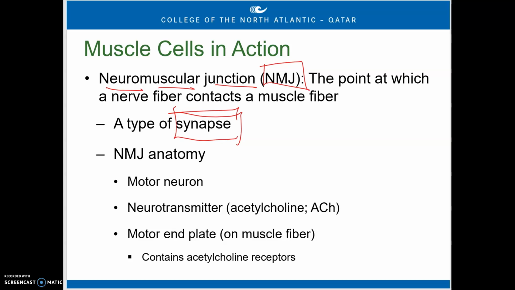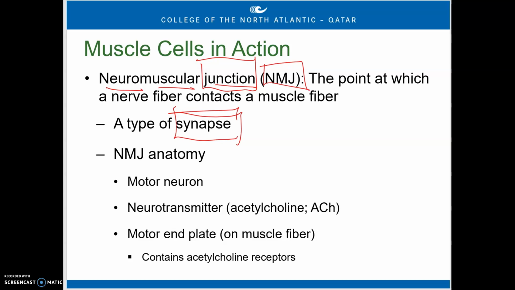Junction in English is a word that means where two things come together. It could be a junction of a road, where two roads come together, or in this case two tissues coming together, like the nervous system and the muscular system.